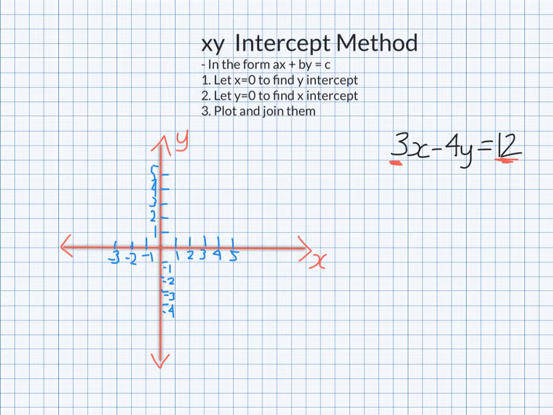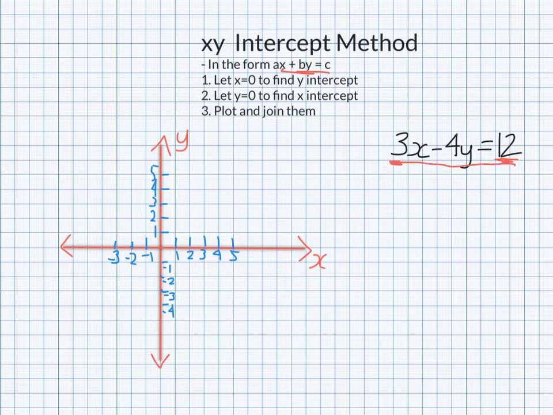Now, we could rearrange it into the form y equals mx plus b to find the gradient and the intercept, but sometimes that gets a bit messy, and it's probably worth our while using a different method. And that's what the XY-intercept method is for, when you have it in this form here.